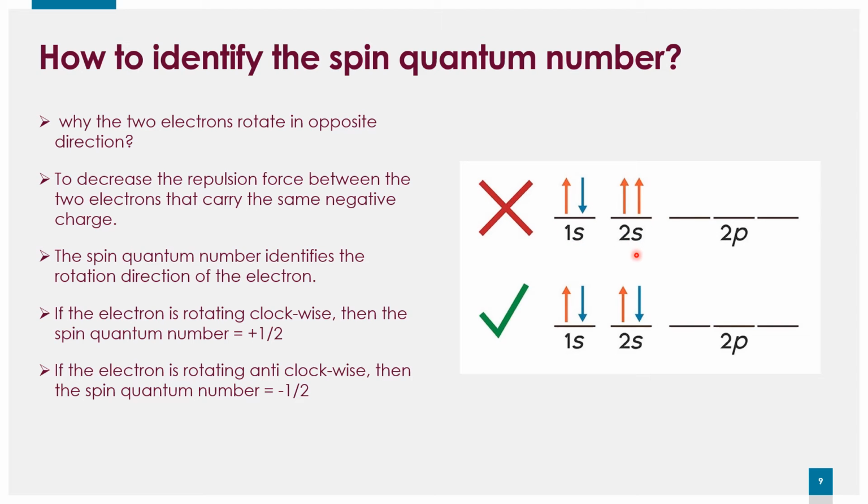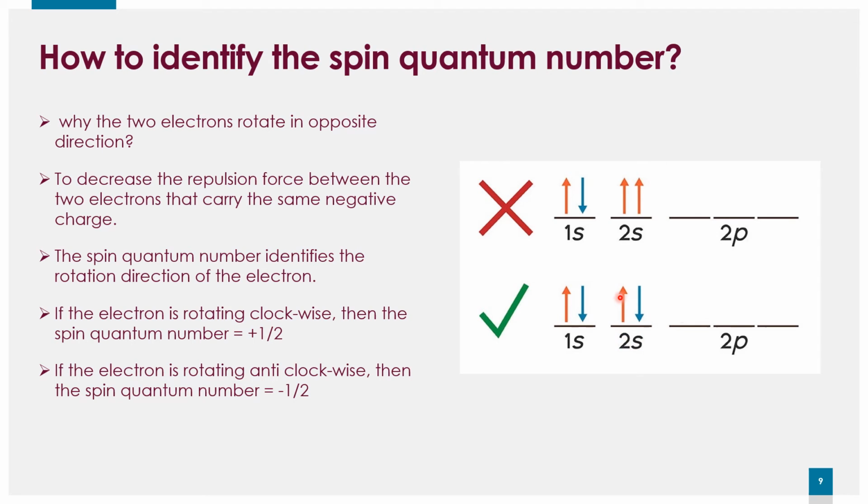Now we are going to insert another 2 electrons in the second orbital. This is the first one. I cannot put the second one like this, because it means that they both are rotating in the same direction, and this is wrong. One of them is rotating clockwise, arrow with its head up, and the other one is rotating anti-clockwise, and I will know that by the arrow head down.